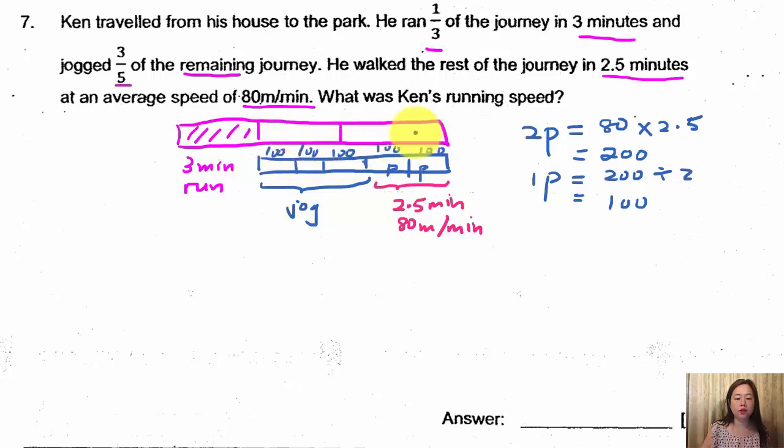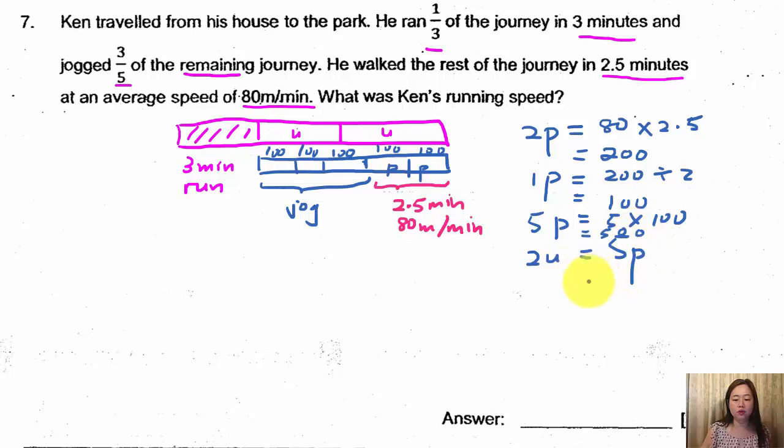So in other words, if we call this unit, 2 units is actually equivalent to 5 parts. So 5 parts is actually equal to 5 times 100, which is equal to 500.